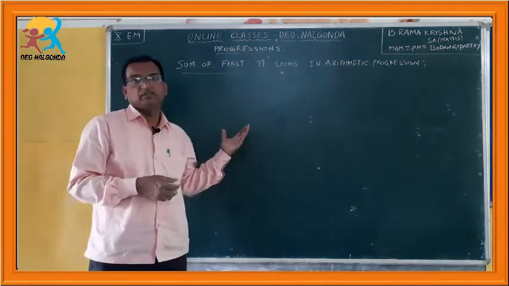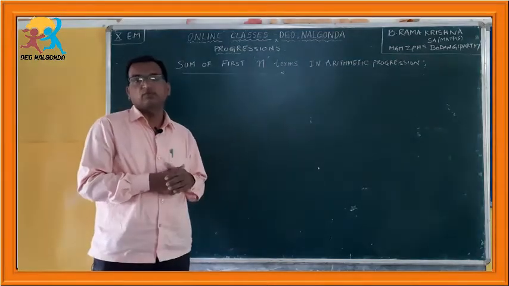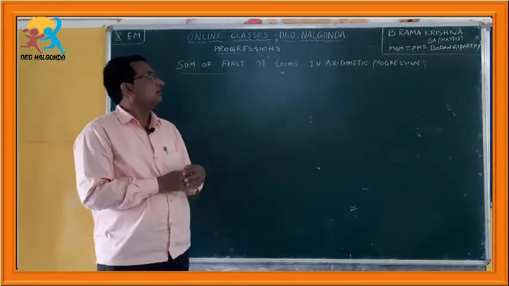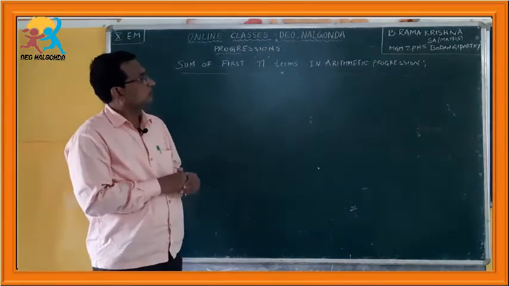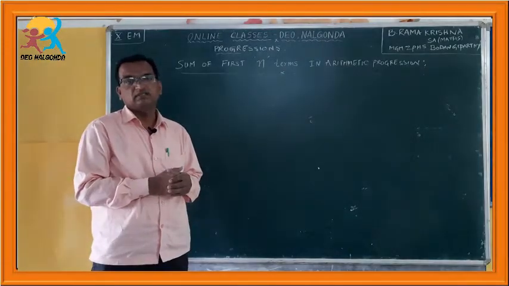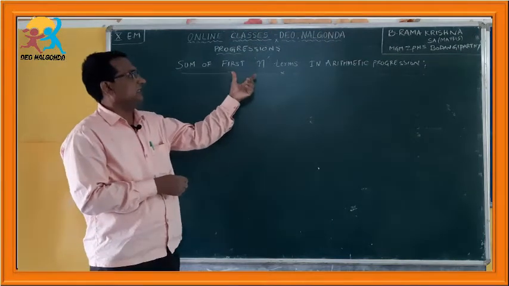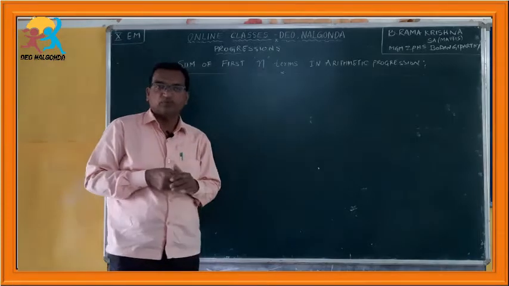In the previous class, we completed up to exercise 6.2 in progressions. Now we are going to discuss a new topic in this session, that is the sum of first n terms in an arithmetic progression.